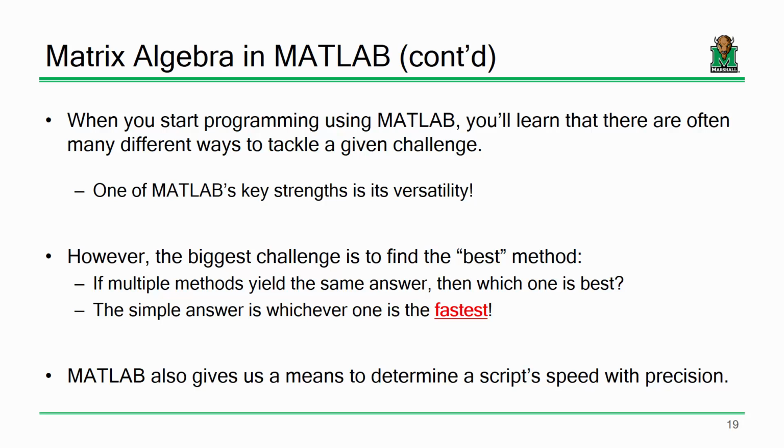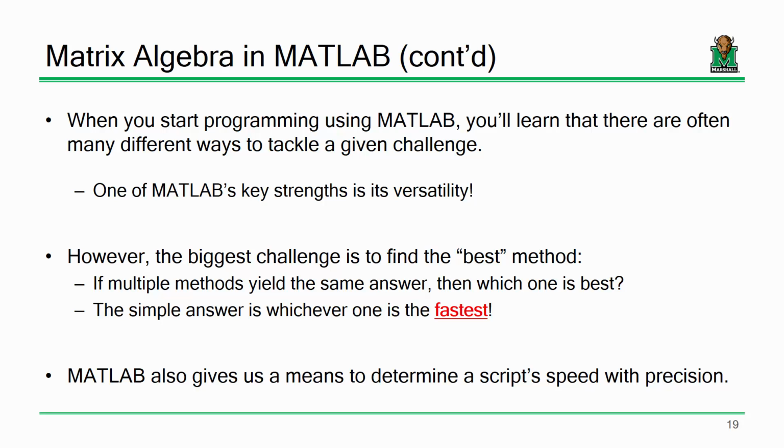We have to find methods that are quickest for solving things. And so it's kind of interesting, Matlab gives you a tool to assess how quickly your scripts are running, so that you can know whether one program gets to the answer faster than another one. So it's the fastest choice that is the best when you have multiple ways of doing something.